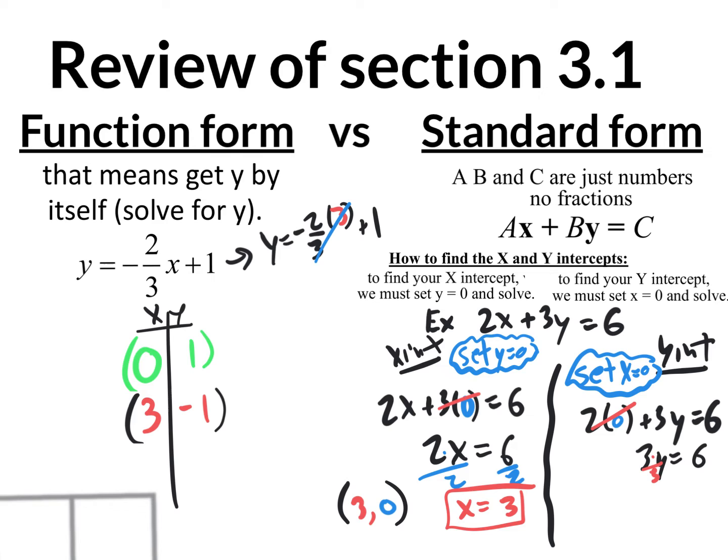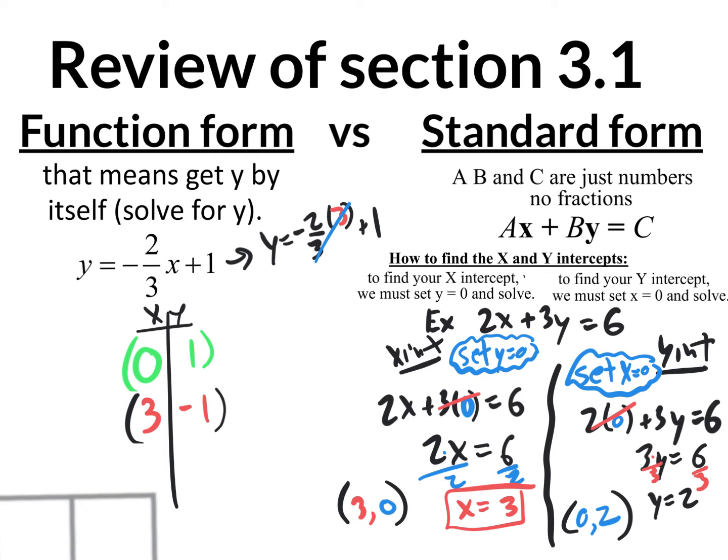Divide by 3, and you get y equals 2. As an actual coordinate, it would be the x value of 0, because we set x equal to 0, and the y value of 2. So with these two coordinates, you could plot them on an xy plane, connect the dots, and you've graphed your line.